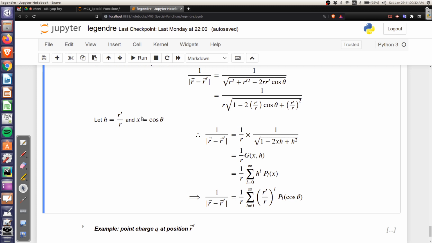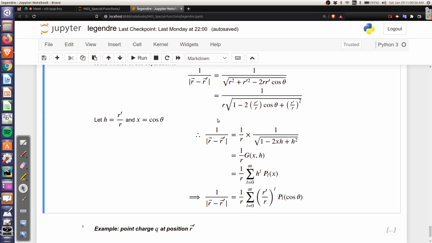The region of convergence for the polynomial PL is everywhere, but for QL it is between -1 and +1. Right. So if it's a linear combination, it is always going to be the smaller region of convergence. That is going to be the region of convergence of the solution of the differential equation. So here, because x lies between -1 and +1, and cos theta also lies between -1 and +1, I can say x equal to cos theta.